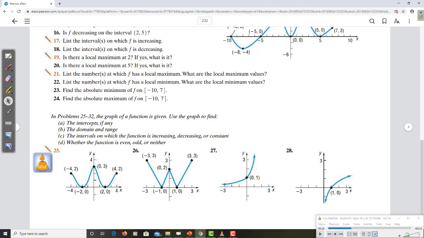Here it's increasing from -2 to 0, increasing from 2 to 4, decreasing from -4 to -2, decreasing from 0 to 2, and so on for all of these. This function looks like it's increasing from -infinity to infinity. Looks like it's always increasing. Same thing on this one. As you go left to right, looks like it's always increasing.